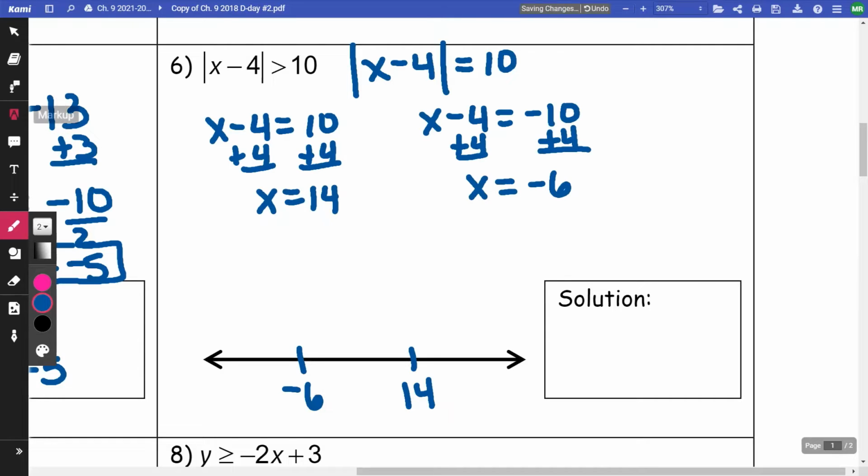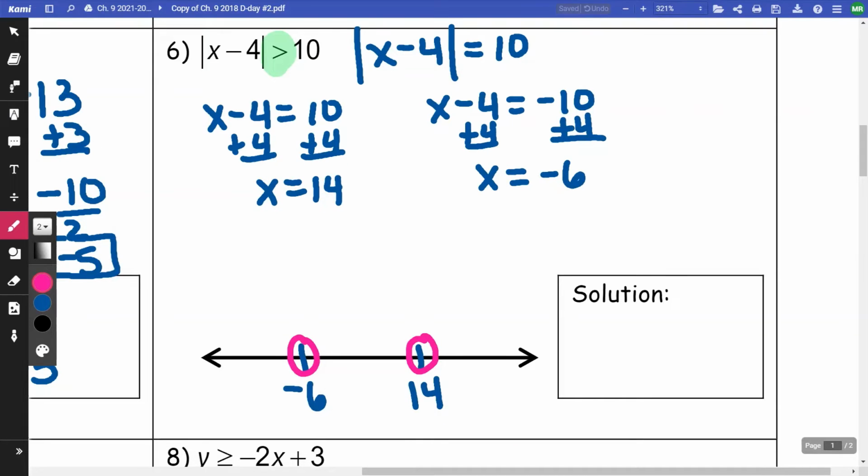Now I'm looking back at the original inequality. It is strictly greater than. So that means I'm going to have an open circle at -6 and 14. And either I'm going to shade in between or I'm going to shade out. So one way to do it is to substitute in a number. So let's say I try 0, and 0 is in between the -6 and the 14.